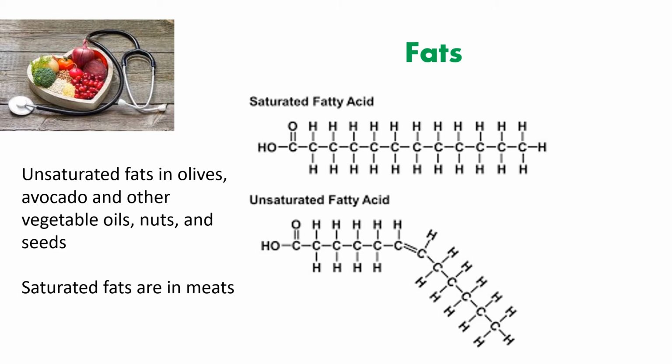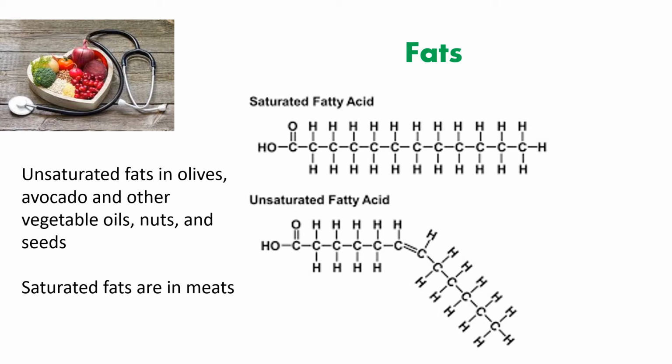So here's the structure of fats. The top one is a saturated fat, and that just means that all the carbons have a single bond. It's a long carbon chain with hydrogens and a COOH on one side, and all of these are single bonds. Then in the unsaturated fats, you'll see there's a double bond, and that double bond causes a kink. It causes it to bend, and this is what's unsaturated.